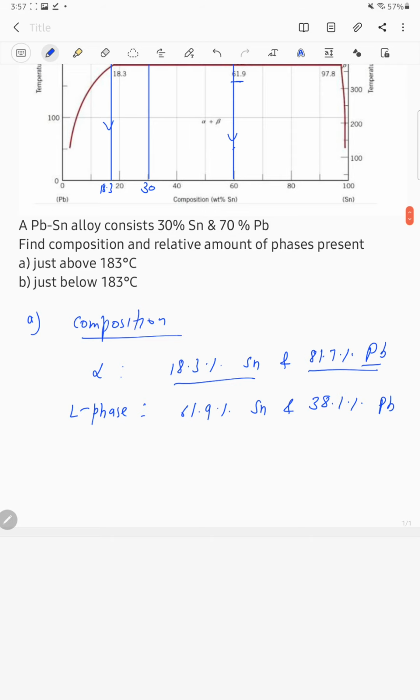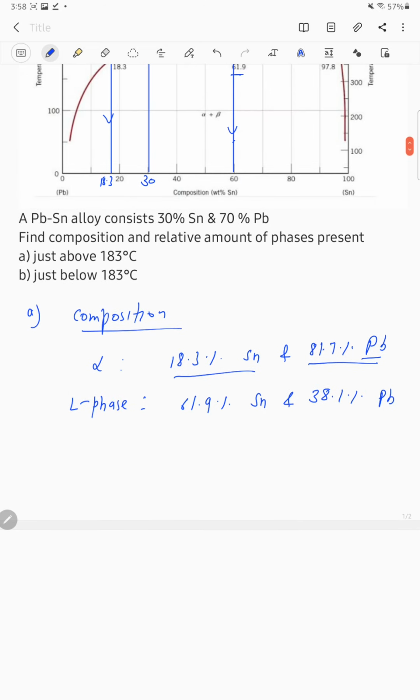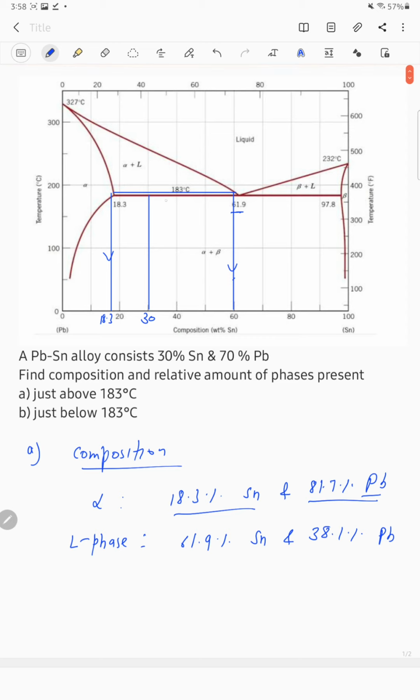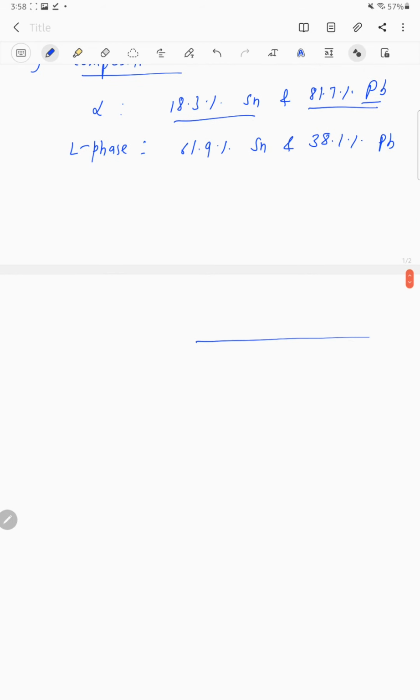Now we will find the weight percentage. For this we will use the lever rule. Let this be A, this be B. I am drawing this line again. It is very simple.